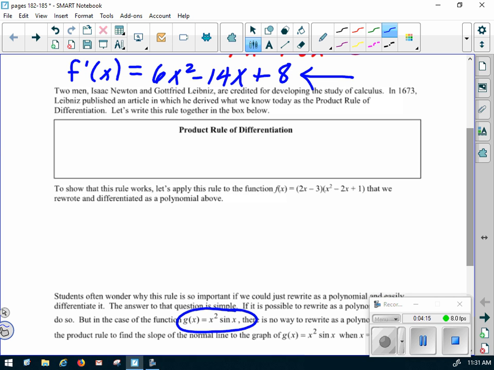Now, in 1673, Leibniz published an article in which he derived what we know today as the product rule of differentiation. So what we're going to do, I'm going to write the rule here. I don't think we'll have time to do it today, but next time I'm going to go through the proof with you.